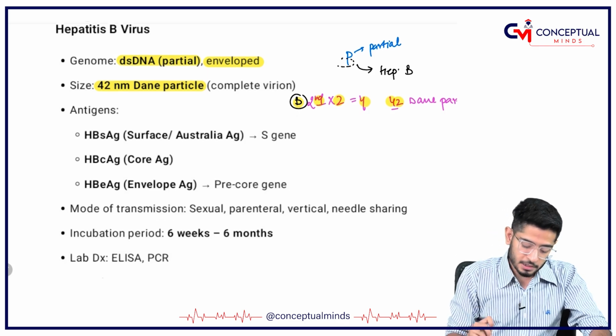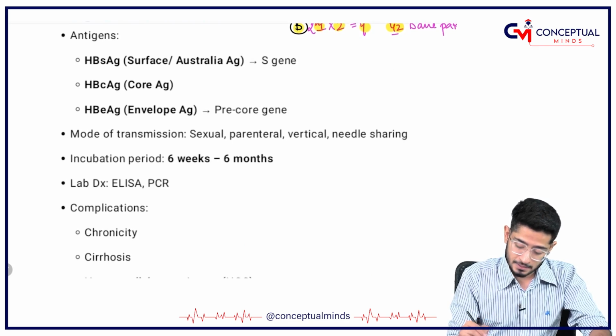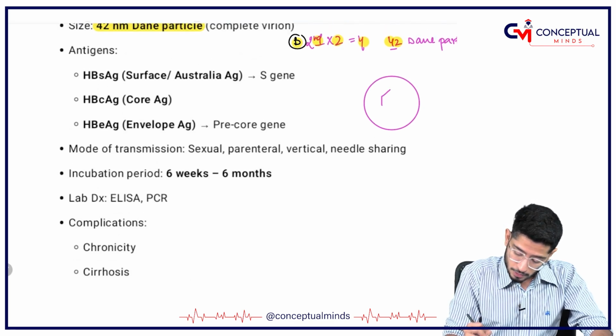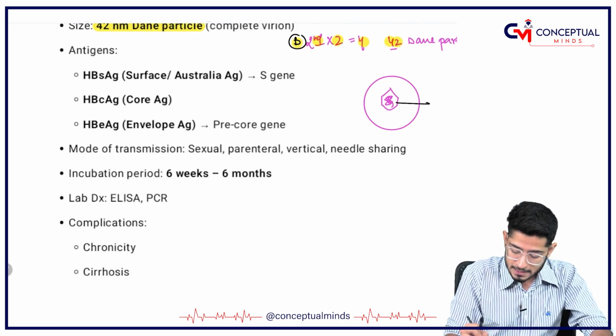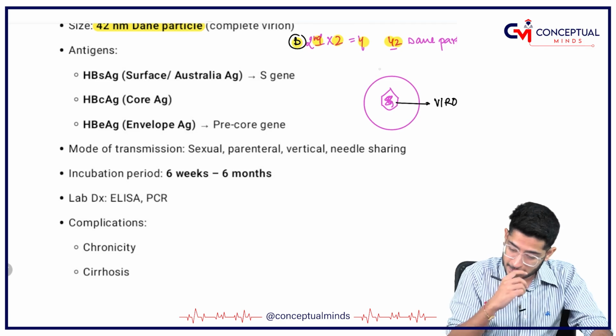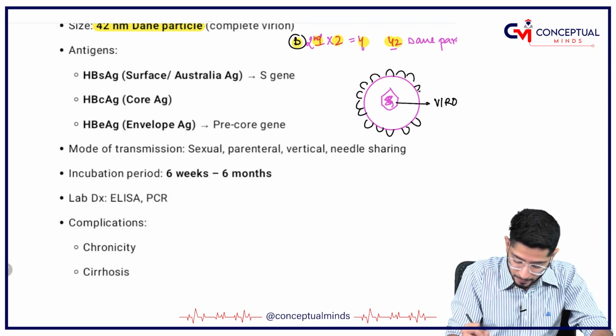Coming to antigens. Hepatitis B has different antigens. If I make a diagram, see the diagram carefully. Inside is this material, called the virome. After this, it is going to have some antigens like this, the flower shaped one.